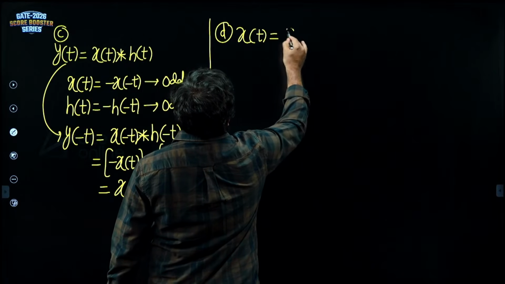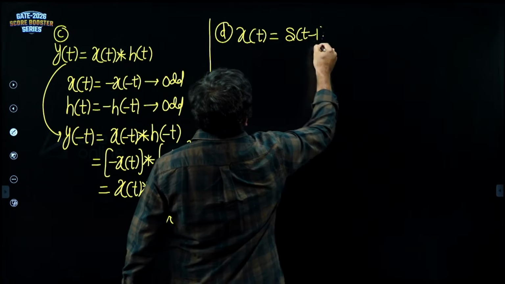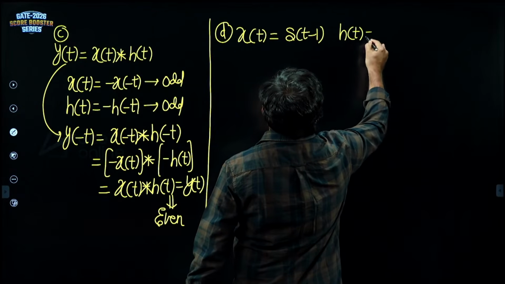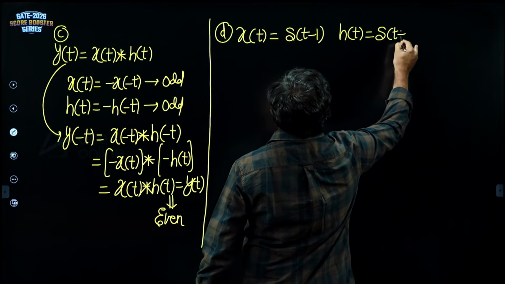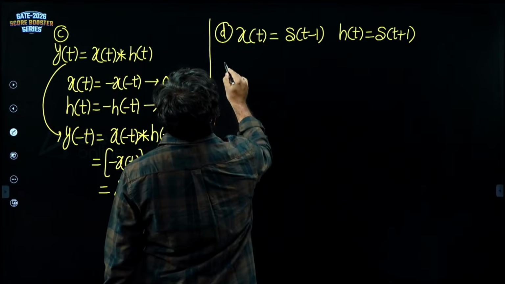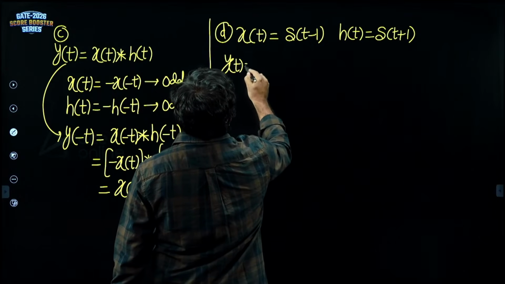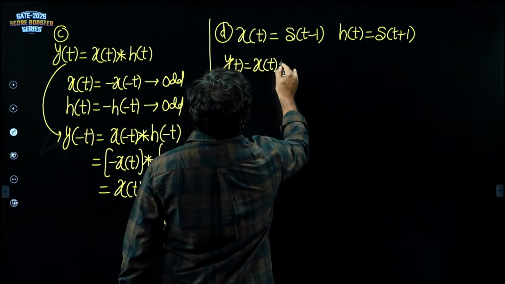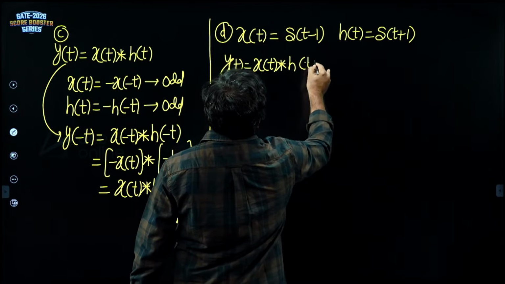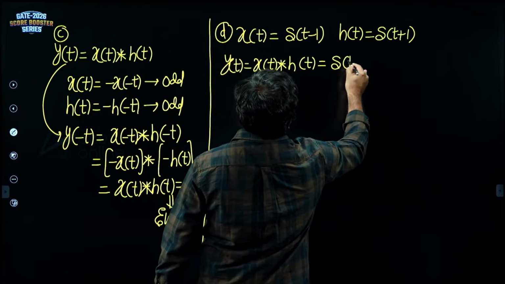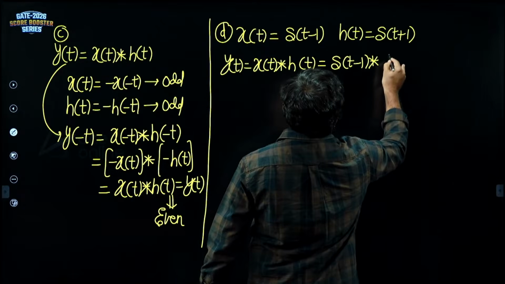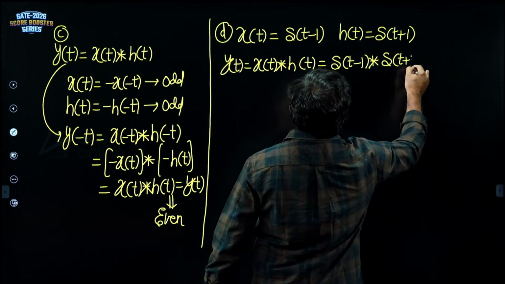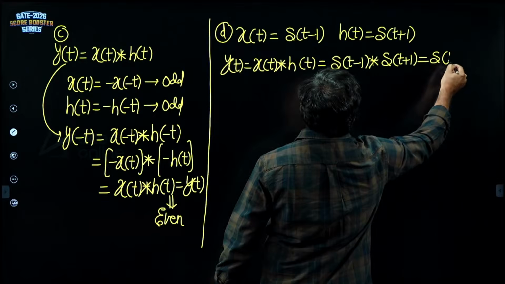Let us assume x(t) as delta(t-1) and h(t) as delta(t+1). So what is the y(t) result? x(t) convolved with h(t) means delta(t-1) convolved with delta(t+1). Your answer is simply delta(t).